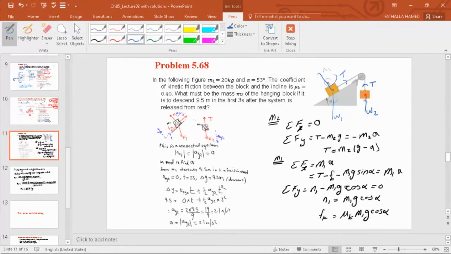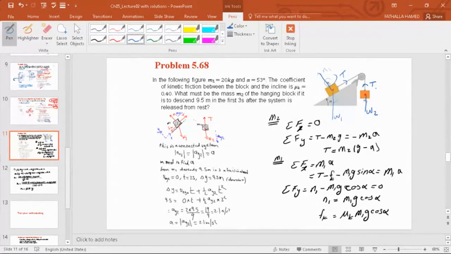And of course, we may have to do some sort of integration, but to simplify, we always ignore that. We did not write it in this problem, but we say a light cable, ignore the mass of the cable, rope, whatever it is.